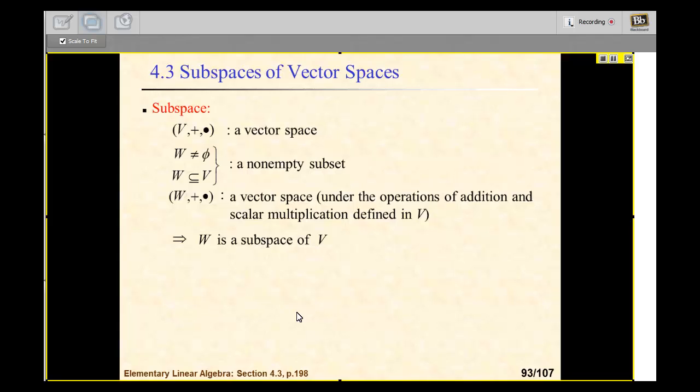The next one is subspace. A subspace is a part of the vector space.